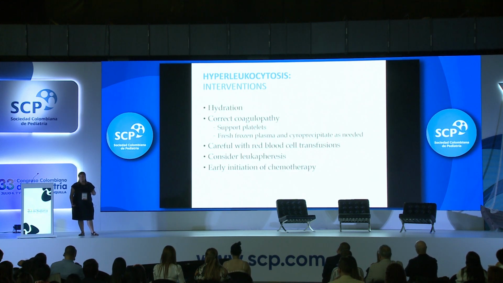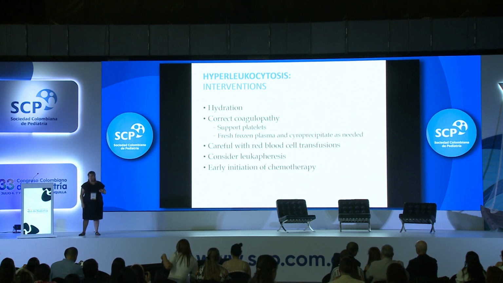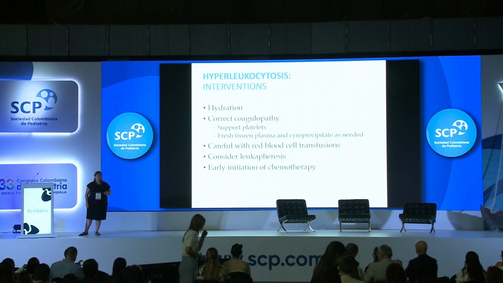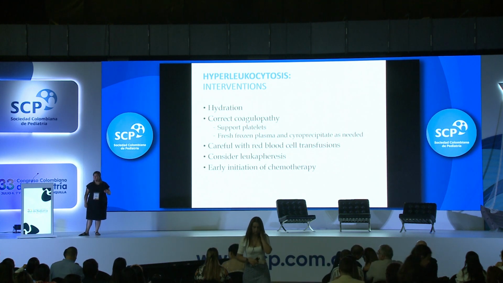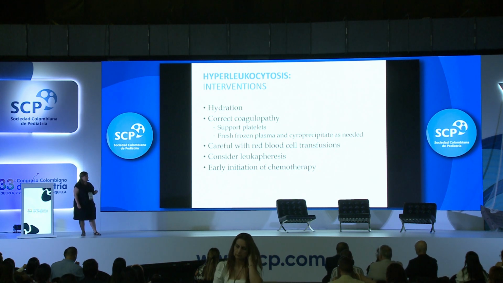When we find hyperleukocytosis on exam or on clinical findings and labs, what we start with is hydration. Hydration helps dilute out the very high white blood cell count, and can actually decrease it pretty drastically and prevent some of those aggregates. Many of these patients have a coagulopathy associated with this, and so we correct this by supporting them with platelet transfusions and by supporting with plasma and cryoprecipitate as needed.